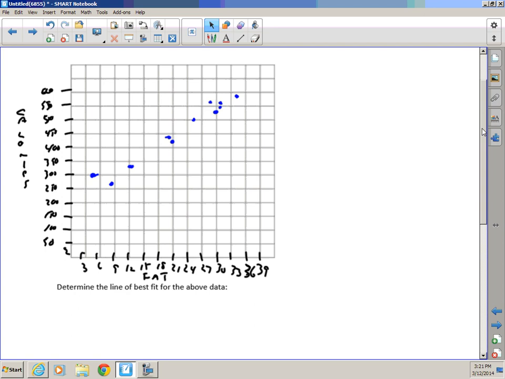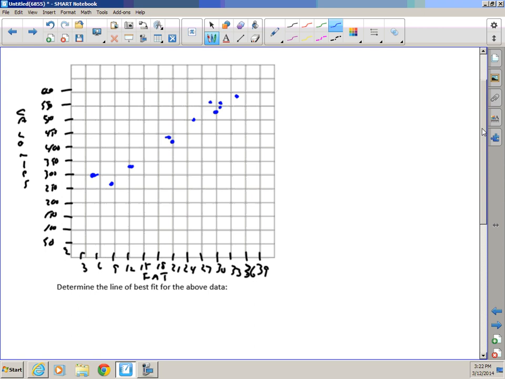So what we're going to do is, if you look at it, I have 11 data points. And again, nothing is perfect on this.